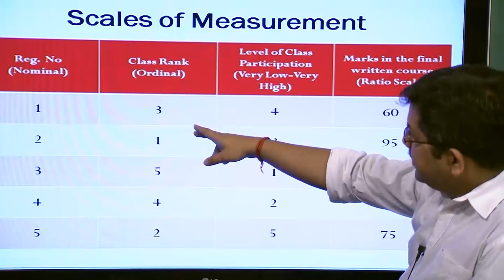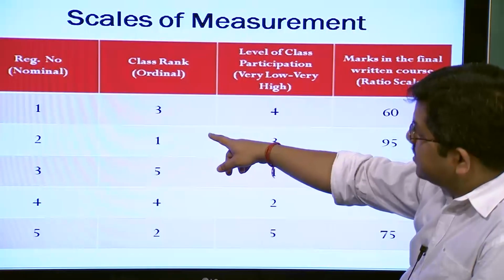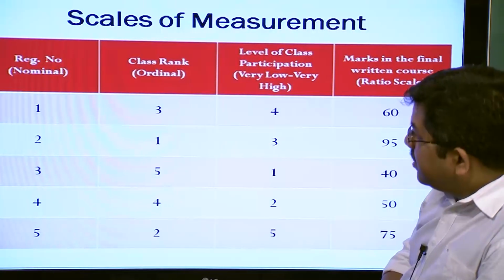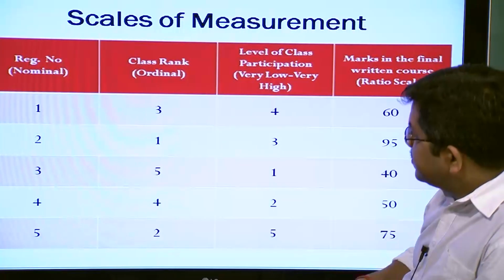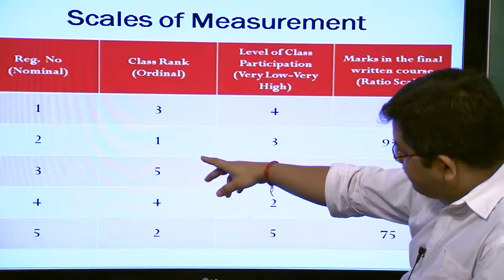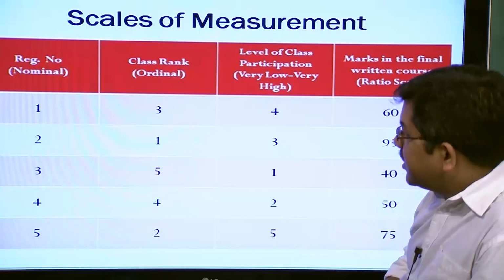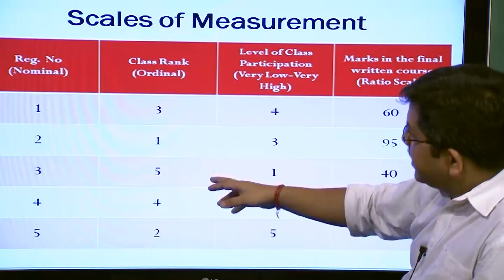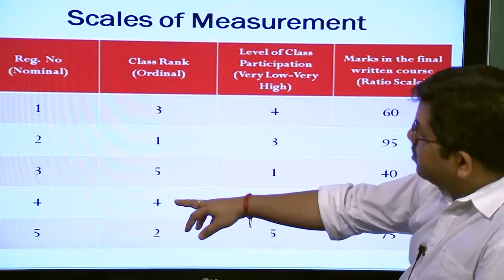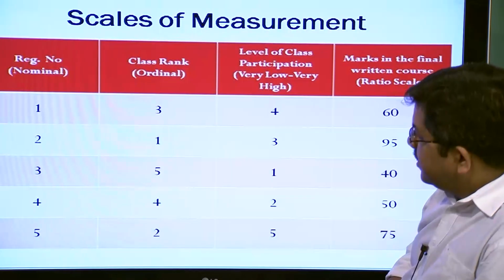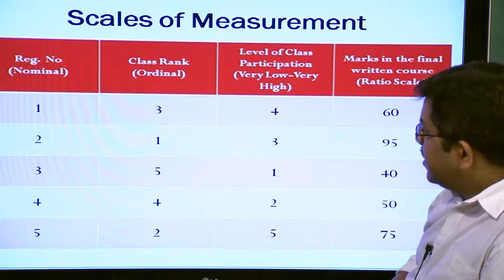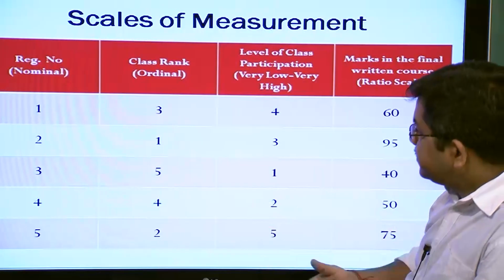So, student 1 has got the 3rd rank in this class, the 2nd student has got the class rank 1. So, he is the topper of the class. The 3rd student has the lowest rank in the class, that is 5th. The 4th student has 4th rank in the class, and the 5th student has a class rank of 2nd.